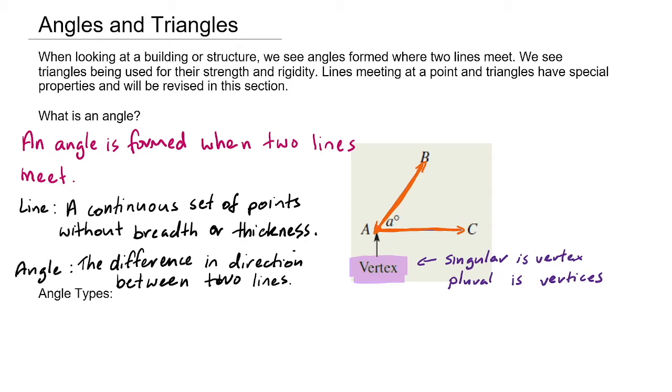So you can see that we've formed our angle by getting these two lines to meet up. And you can see that this angle in here that's formed is the difference in that direction. That's what an angle is.